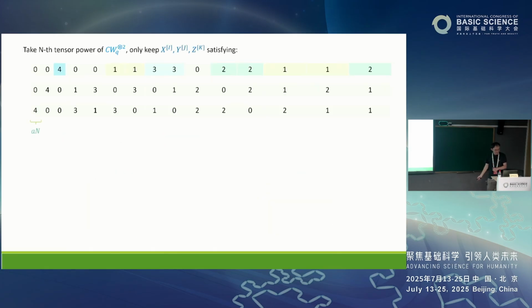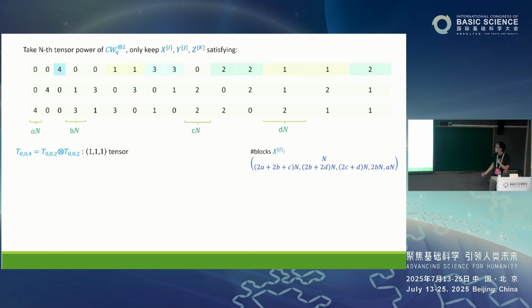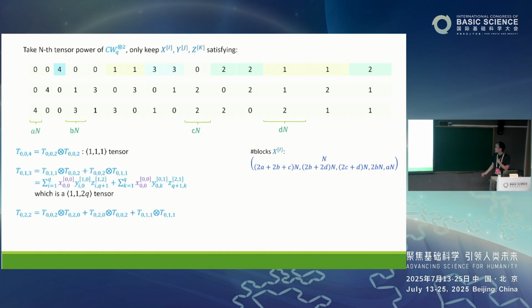Then by analyzing this one, we can see that for a tensor containing 0, it is itself a matrix multiplication tensor.